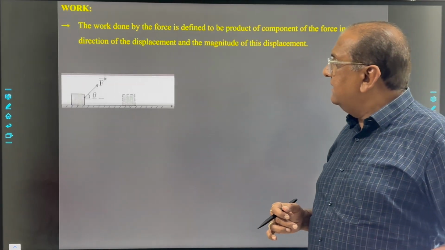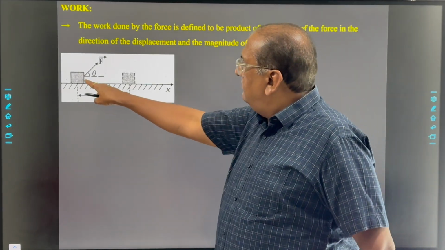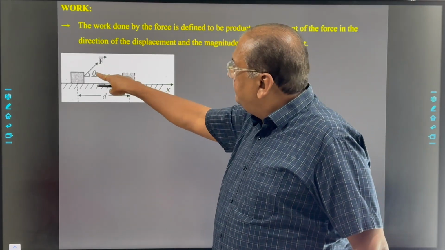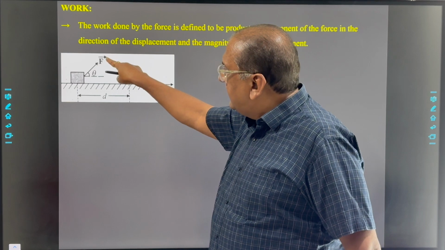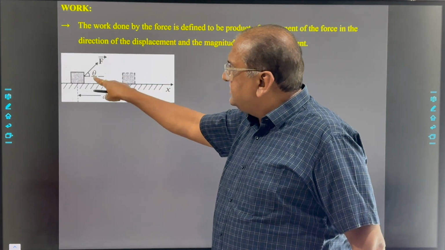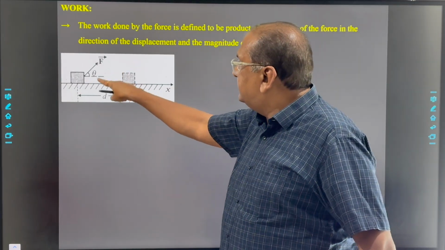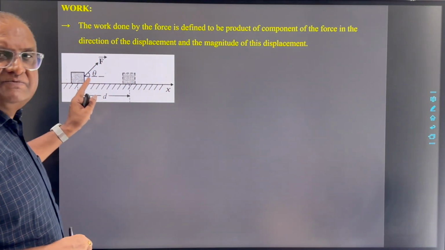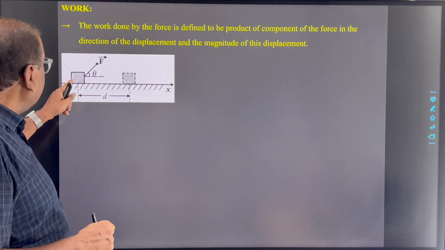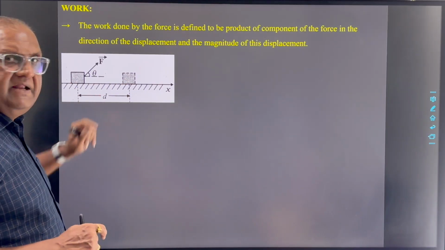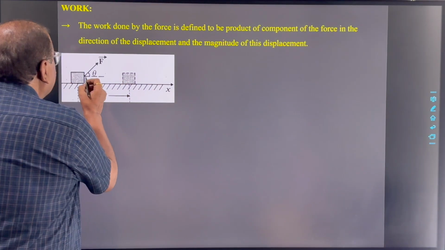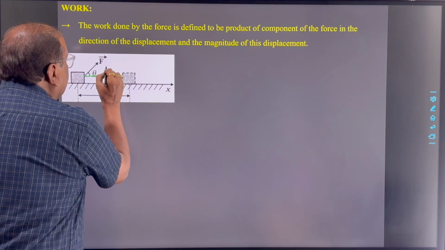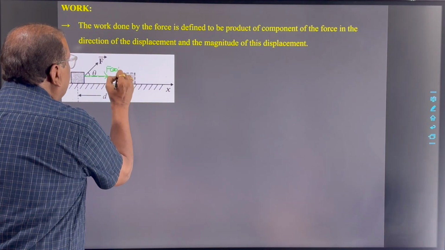Now see here, suppose we have a block placed on a horizontal surface, and as shown in the figure, force F is applied on it in a direction making an angle theta with the horizontal. Under the effect of this force, the block is displaced by D. Here the component of the force in the direction of displacement is F cos theta.